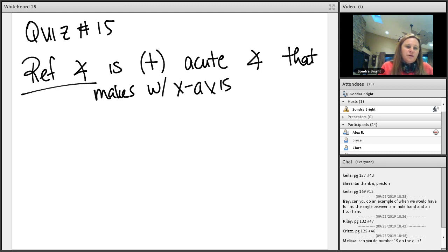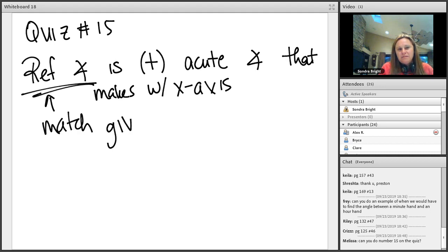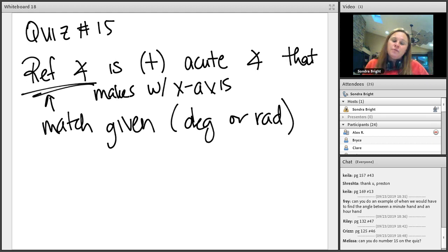But you also, for a reference angle, need to match whatever is given, meaning degrees or radians, right? If I give you degrees, then your reference angle is in degrees. If I give you radians, then your reference angle is in radians.